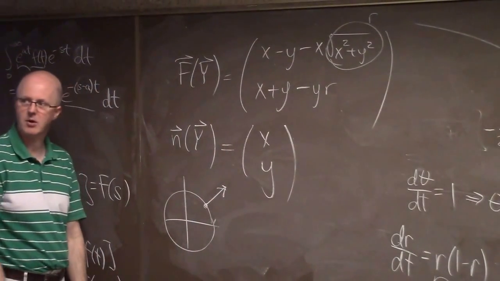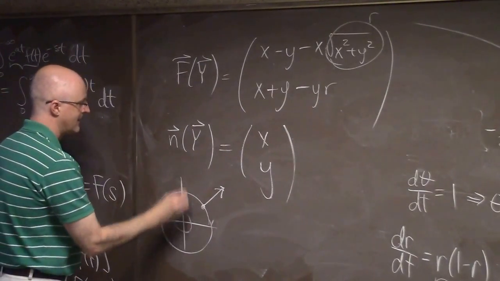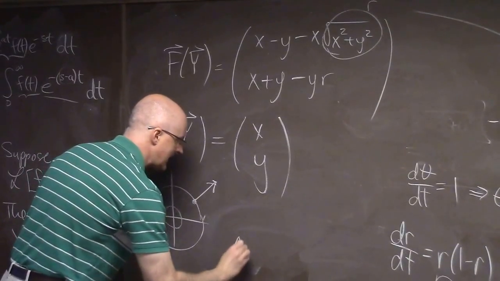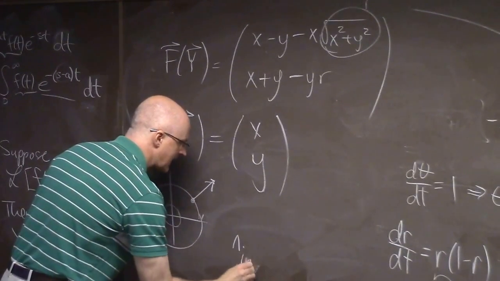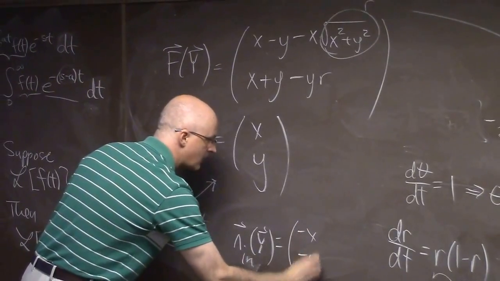It's going to be an outward pointing normal vector. We call this n out. For the inner one, you can just use the opposite of that. N in, negative x, negative y.